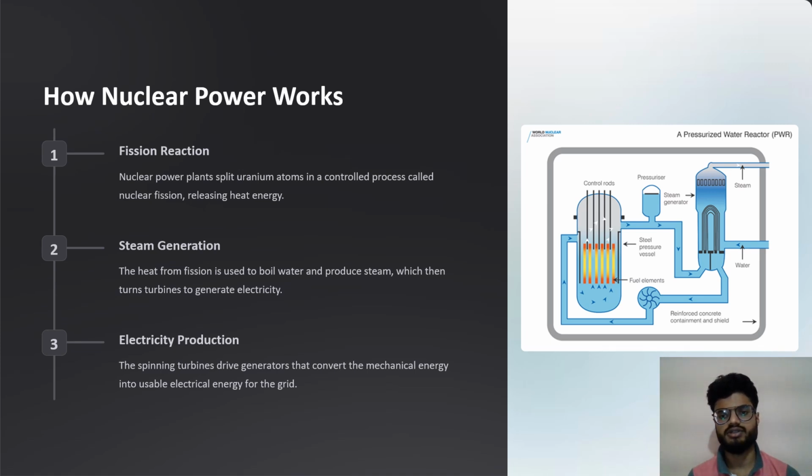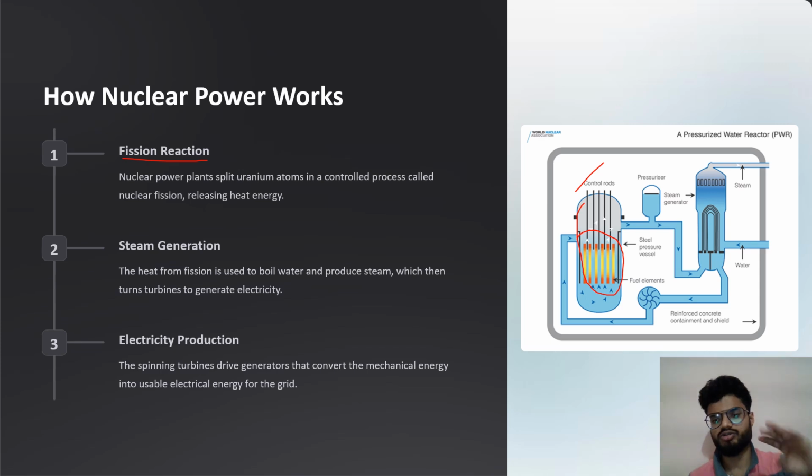Here we can see the diagram. There will be a control rod which is put into the chamber where the uranium fuel has been put, and there are certain mechanisms present. So here we use the fission reaction. In the first step, fission reaction means there will be one uranium atom, and we bombard a neutron on it, so that the uranium atom will be split into two smaller atoms, plus there will be three additional neutrons released.